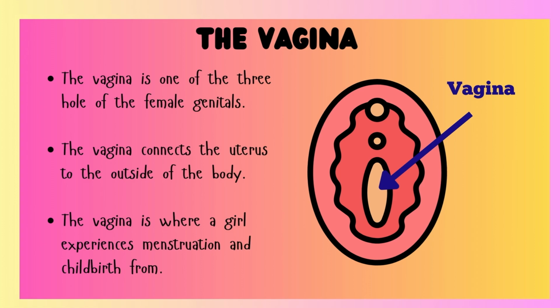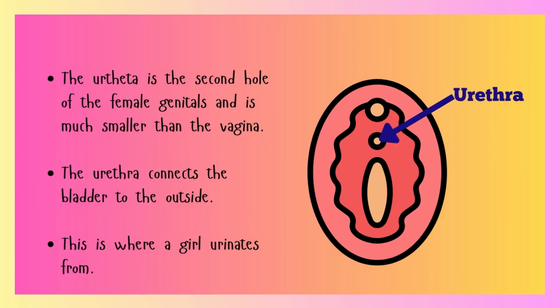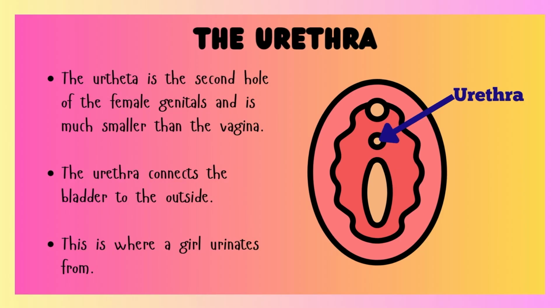The vagina connects the uterus to the outside of the body. The vagina is where a girl experiences menstruation and childbirth from. The urethra is the second hole of the female genitals and is much smaller than the vagina. The urethra connects the bladder to the outside. This is where a girl urinates from.